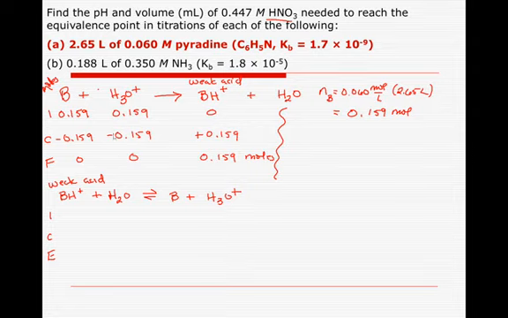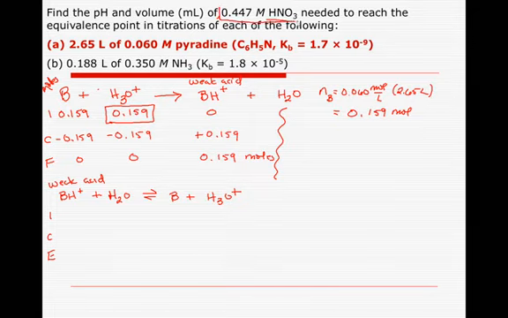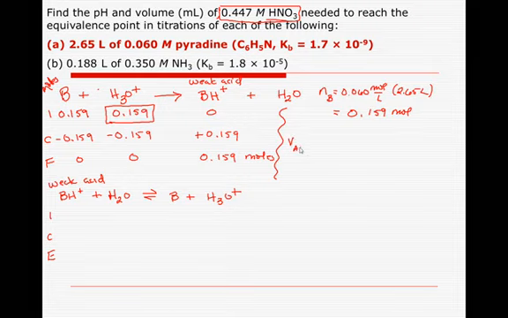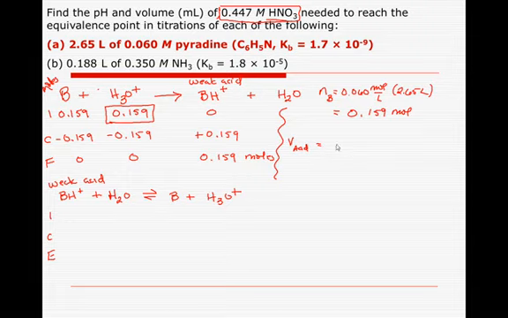So I know the moles of the nitric acid. I know the molarity of the nitric acid. And if I know the moles and I know the molarity, I can get the volume of nitric acid. So, to get the volume of the acid, I'm going to take the moles, 0.159 of the nitric acid.